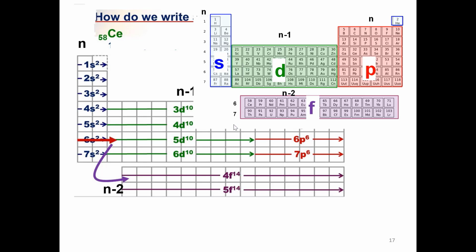And let's write here this information. We had lanthanum 57, we had lanthanum here, and right here we had 58, and this corresponds to cerium.